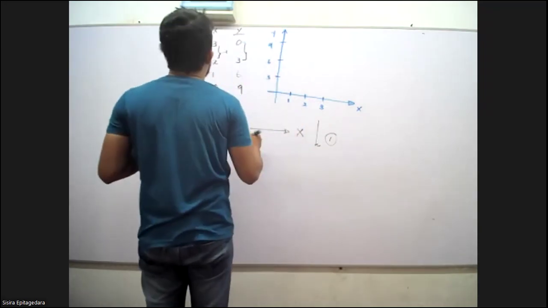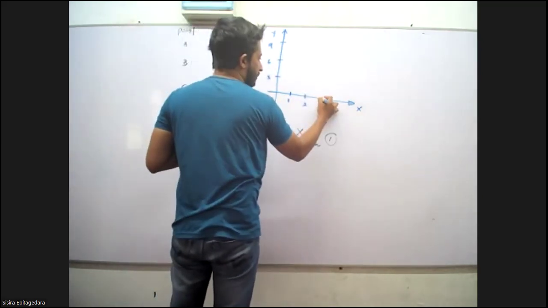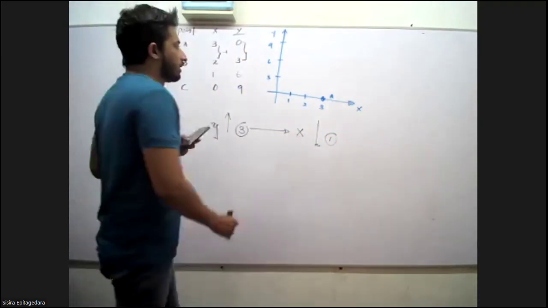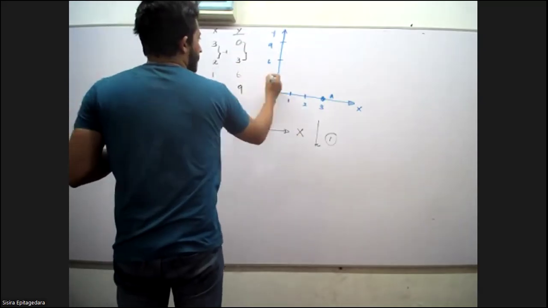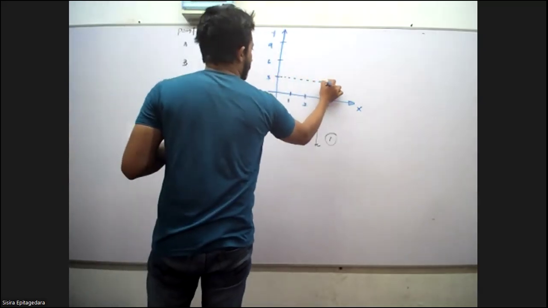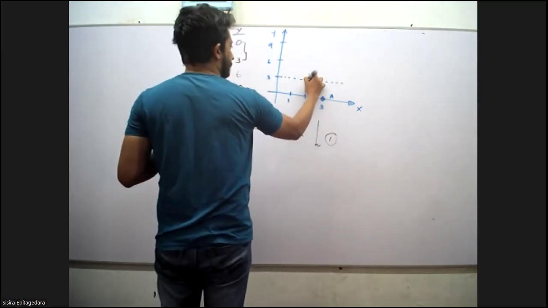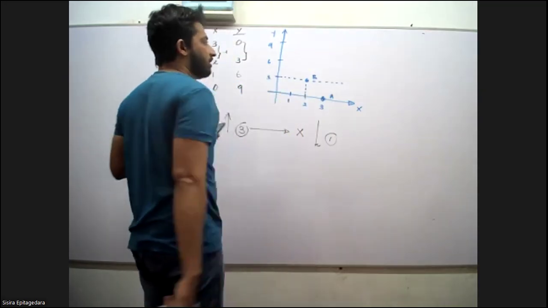When Y is 0, X production is 3 units. This is point A. Then B, when Y is 3 units, X is 2 units. This is point B.